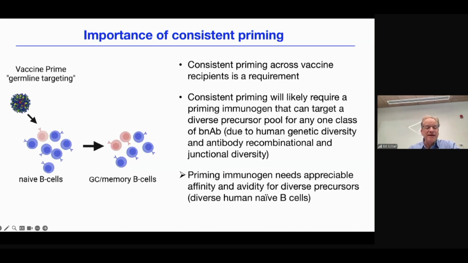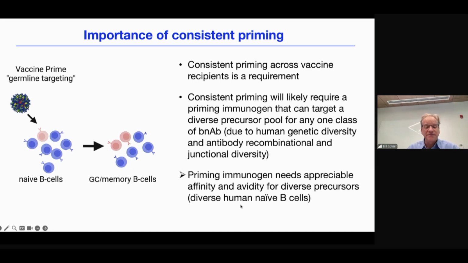We need to design a priming immunogen that can consistently activate the large pool of naive B cells, and we have to be able to prime that pool of precursors across vaccine recipients. If we can't prime all people that receive the vaccine, the whole strategy isn't going to work.